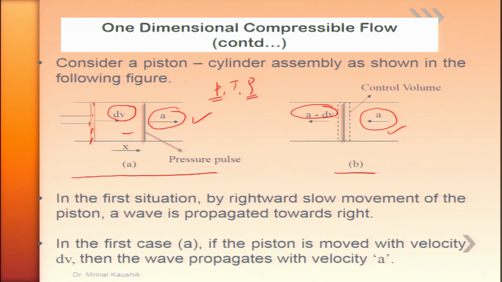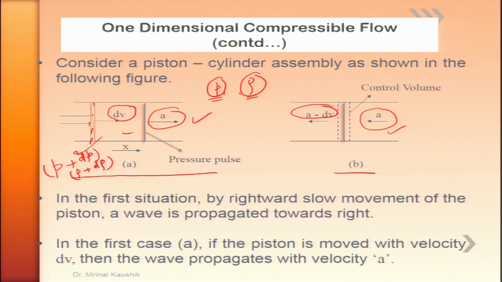Then where the wave is compressed, in this zone, the pressure is P plus dP, a small increment has already taken place, and likewise a small increment in density has also taken place. However, on the right-hand side in figure A, the pressure P and rho are still there.